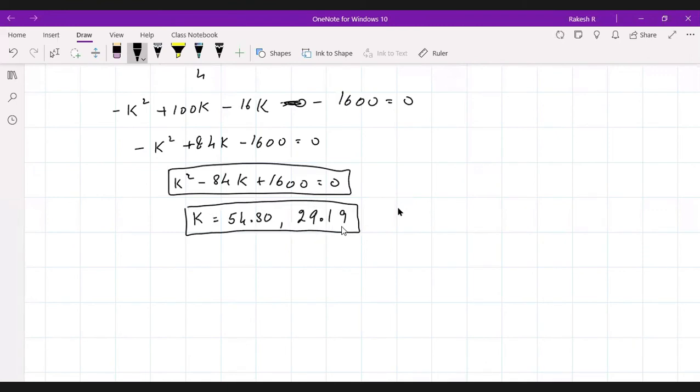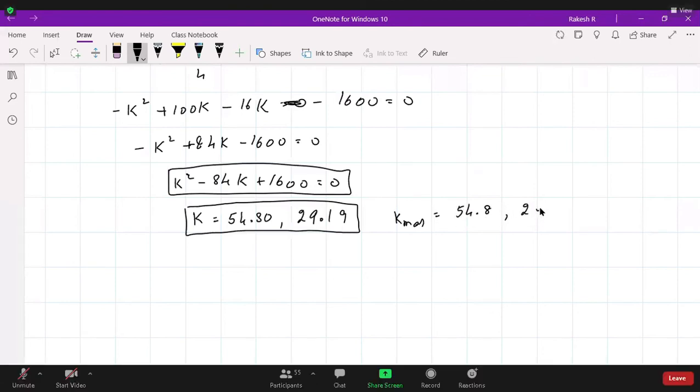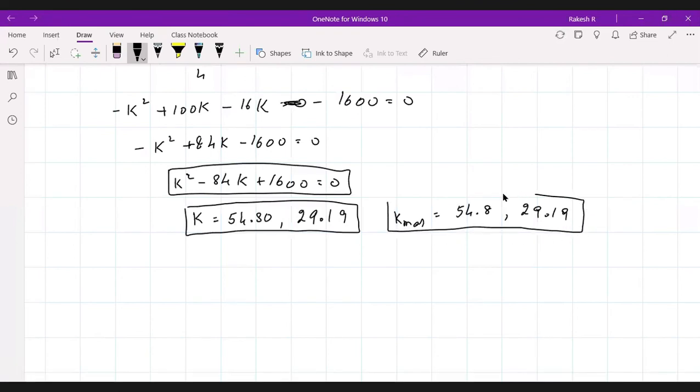In previous sums, what is the k value you would get? Only one, you used to get only one k value, right? But here you have got k marginal as 2, that is 54.8 and 29.19. These are the two k marginal values.